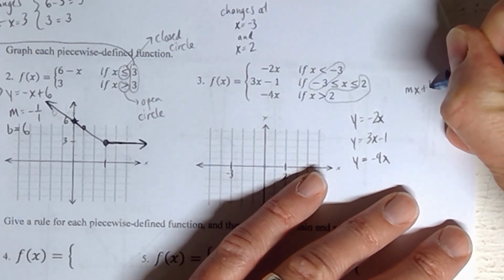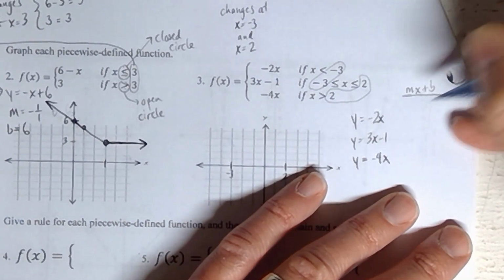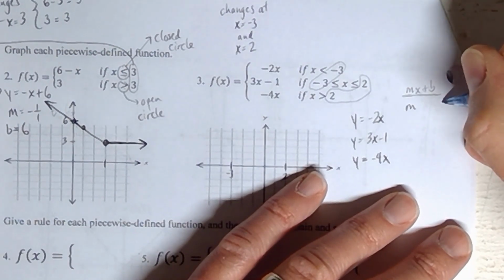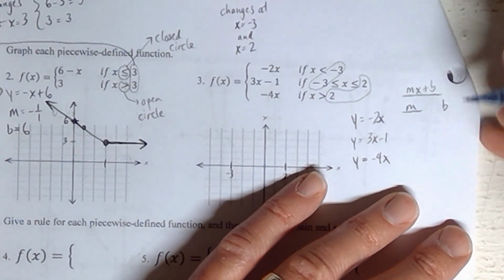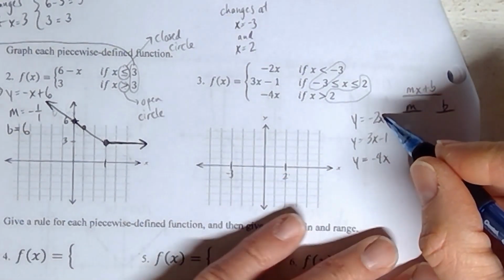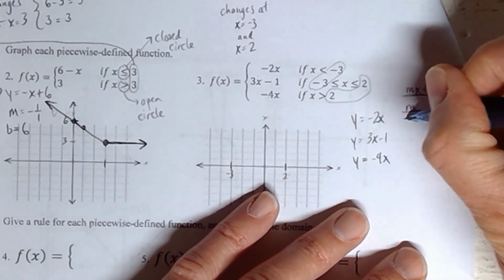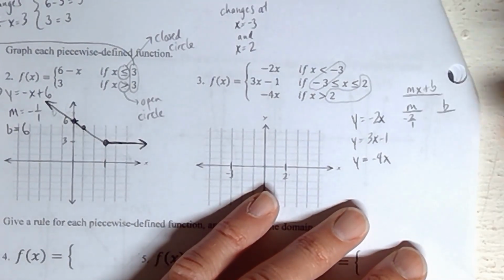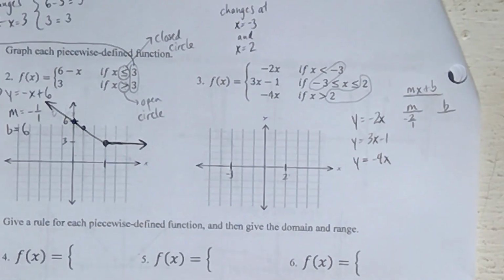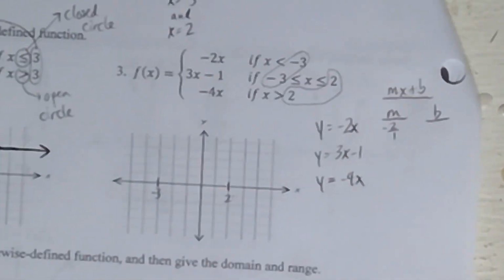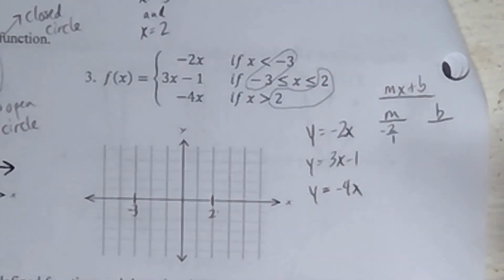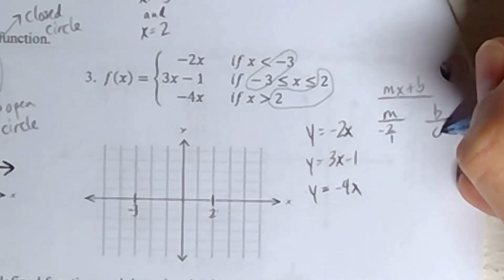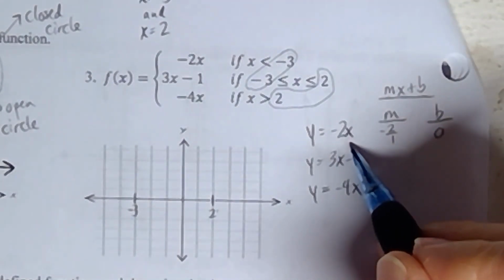I know the b is missing from a couple of those. But let me just make a little chart right here. The m and the b for the first one is going to be -2 over 1. Zoom in there for you. And then the b is 0 because the b is missing. I'm talking about the first one here.